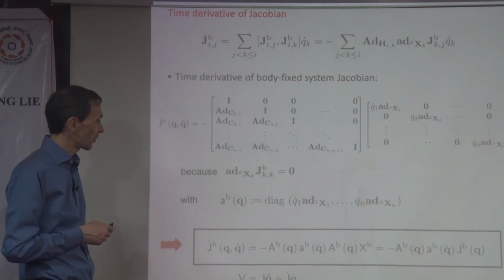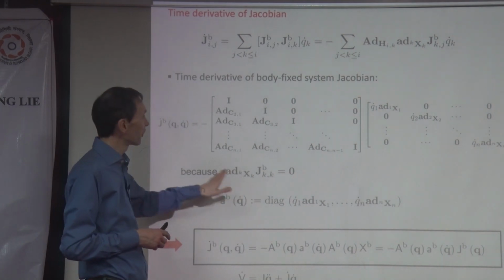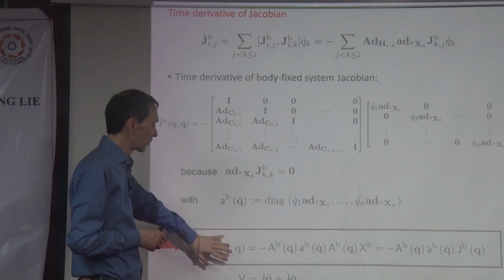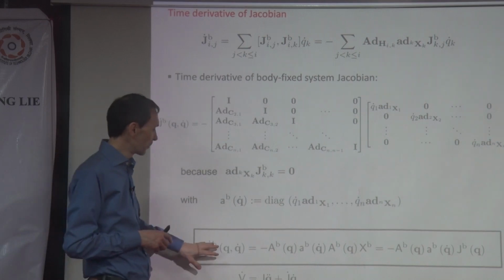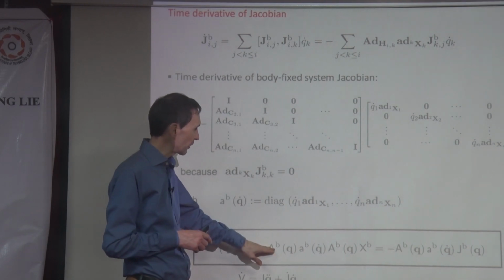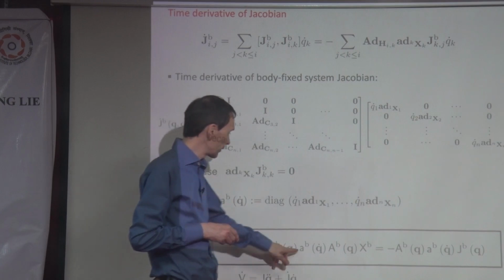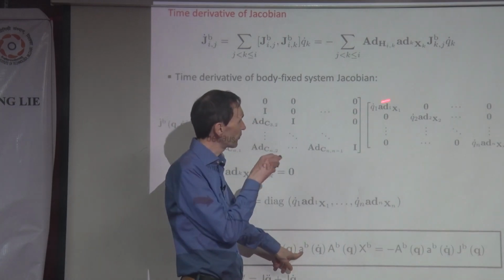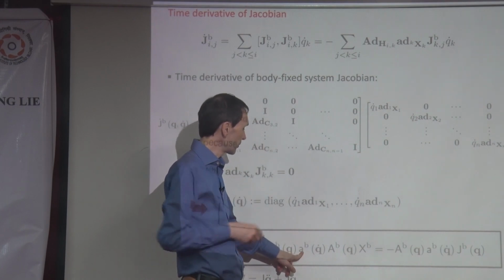And that's essentially it. If you haven't followed, don't worry. The outcome is this, and that's what you're going to implement. The formula is pretty straightforward. Again, we take this A matrix, which is the triangular matrix here. Then we have a new matrix, little a, which is the diagonal of these 6 times 6 adjoint matrices.